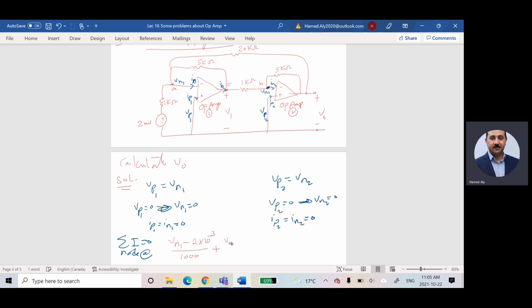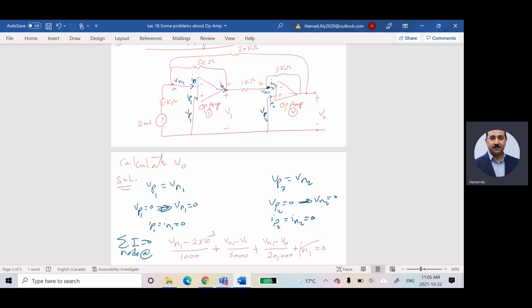So Vn1 minus V1 divided by 5 kilo plus this current, which is Vn1 minus this voltage, which is VO, divided by the resistance, which is 20 kilo. This is plus In1, which is equal to 0.